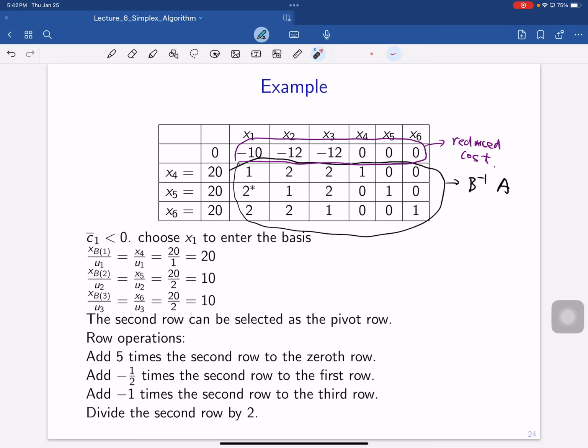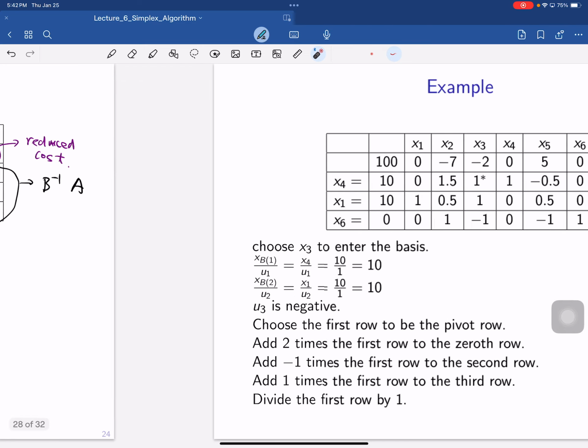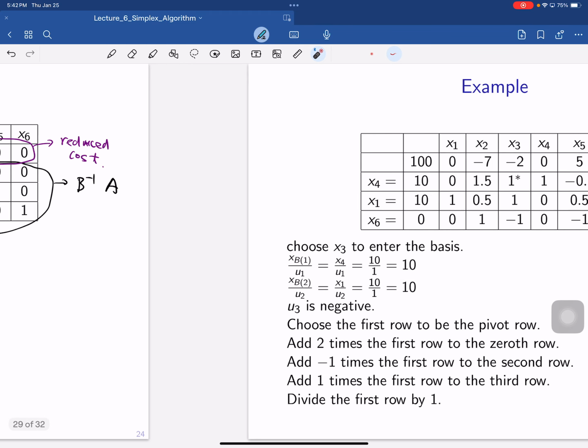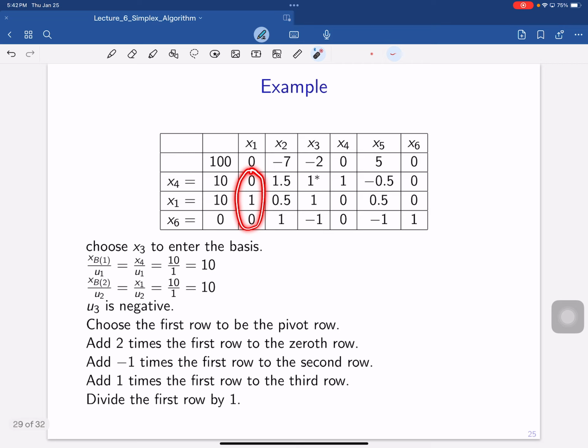Maybe you are not connecting the dots, but here I'm showing the operations. You can use those operations to make this. So now you have this column here. Then in the next iteration, this column will become a unit vector by doing the row operations. And then you can continue to do the same thing.